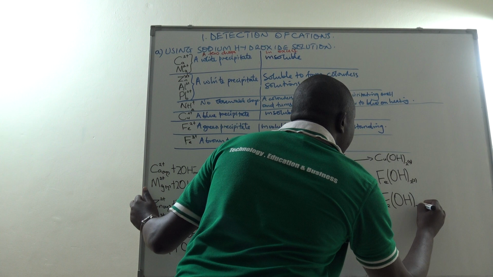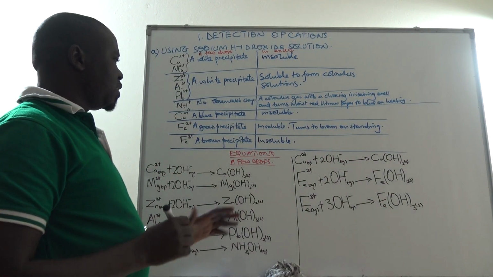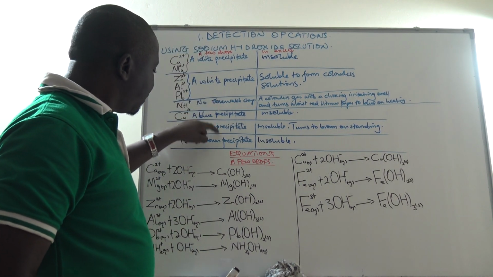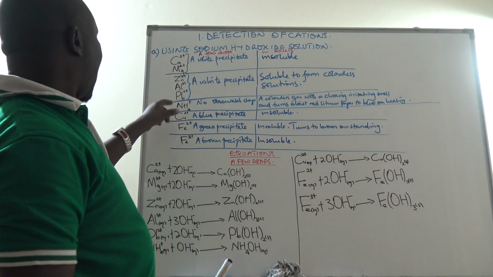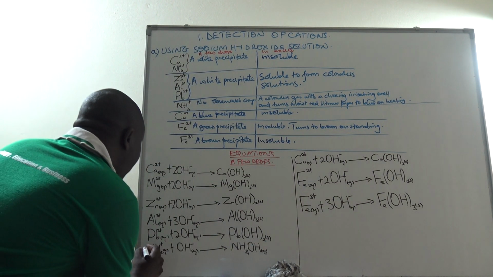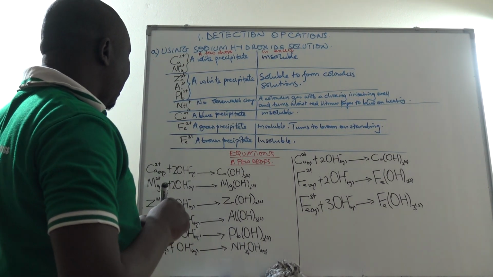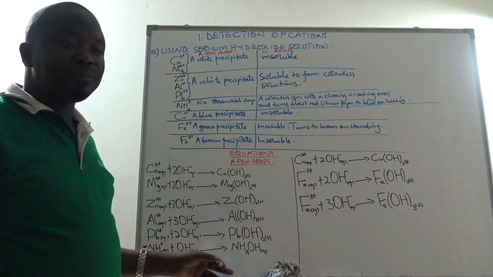So this is what we have got on adding just a few drops of the reagent sodium hydroxide solution. So we say that any precipitate formed is the insoluble hydroxide of that particular cation, with the exception of ammonium ion. And ammonium ion in this case gives us no observable change because the ammonium hydroxide which is formed is a soluble hydroxide.